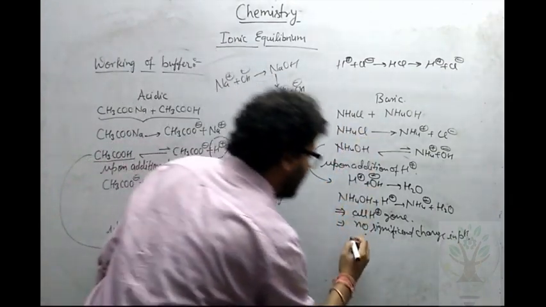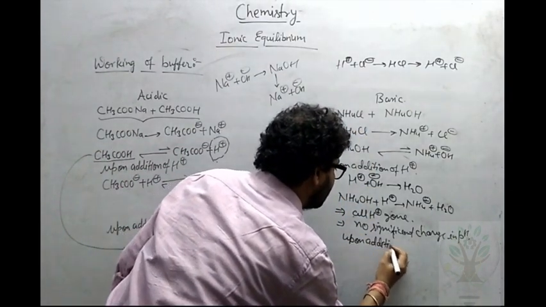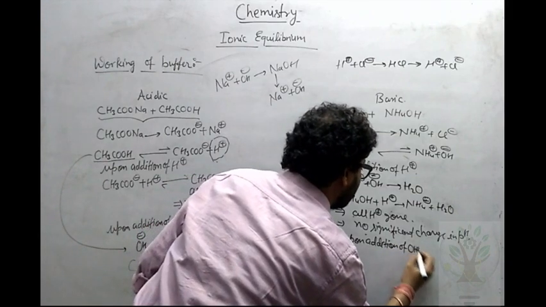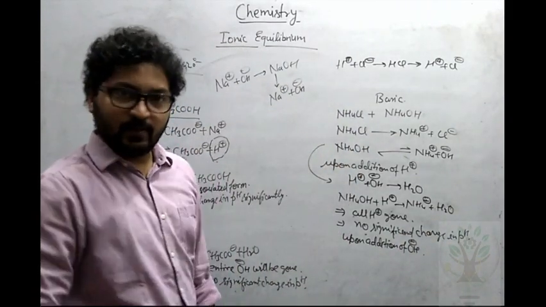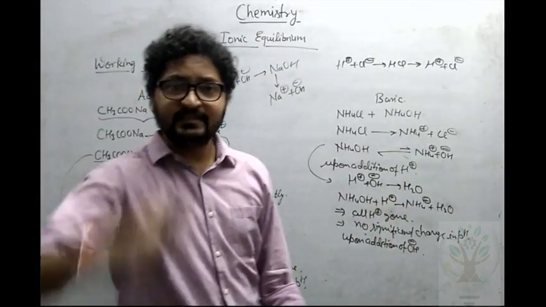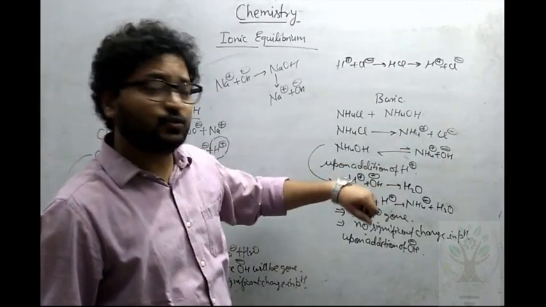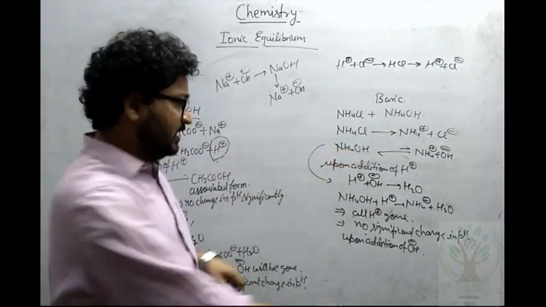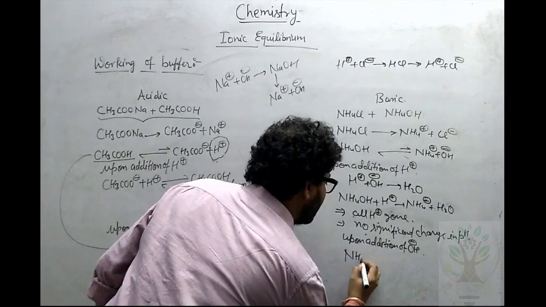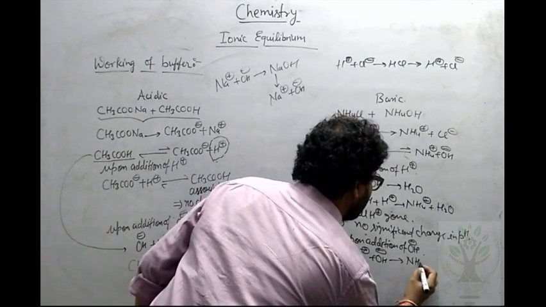Okay, now let's see upon addition of OH minus. If I add OH minus, is there someone who will interact with OH minus? Yes. Who is that? NH4 plus. Who is the major source of NH4 plus? NH4Cl. So you know what will happen? NH4 plus will interact with OH minus to give you NH4OH.